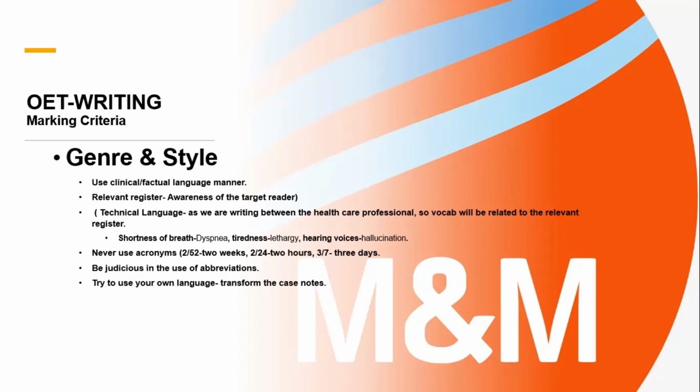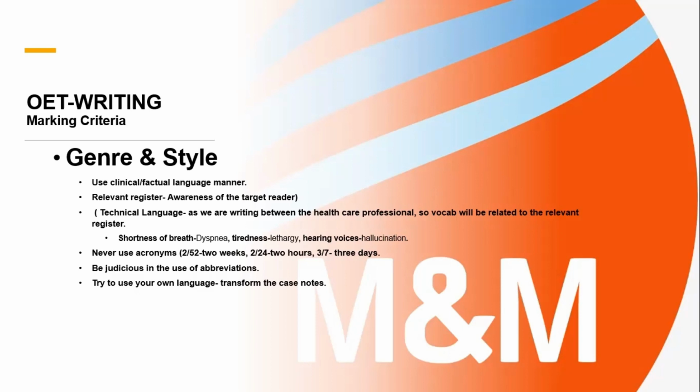According to the recipient, let's say, mostly the patient would describe the symptom in his own language, such as shortness of breath. But now, you being a doctor writing this letter to a specialist, you would translate this shortness of breath to dyspnea, because shortness of breath was the language of the patient, and dyspnea is your language that you're telling to the consultant. Similarly, the patient may say tiredness in the case notes, and you can write lethargy, fatigue, and so on.